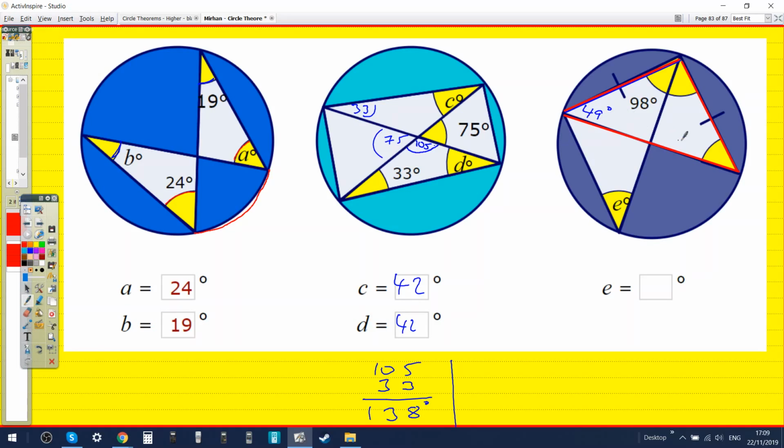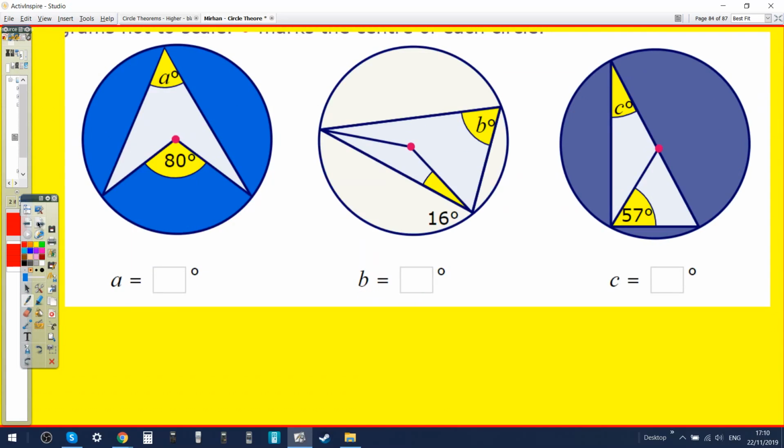So these two are 49, and this one is also 49. Any questions about that? No? Okay, so you just look out for the bow tie shapes.